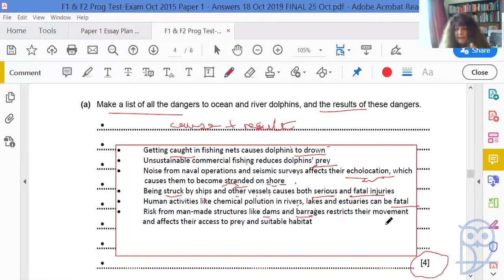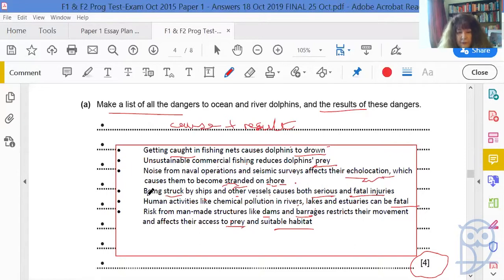They can't maybe go at certain speeds because of this man-made structure. And again, it affects their access to prey and even their suitable habitat, the environment that they live in. If they get stuck in a dam or an estuary or beside a barrage, how could they get out? So then they're not going to get any food and they will die.